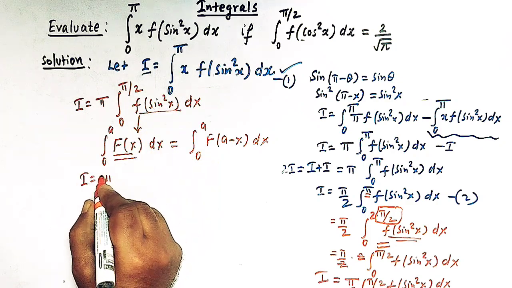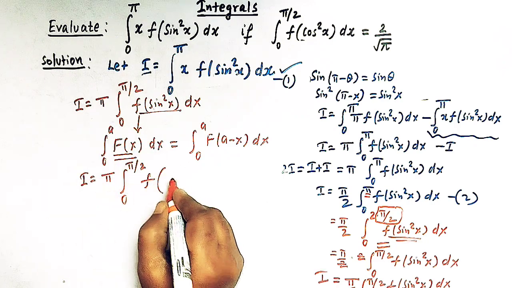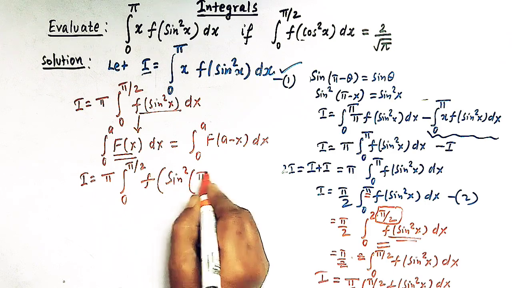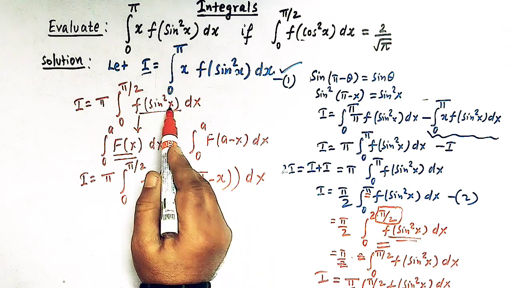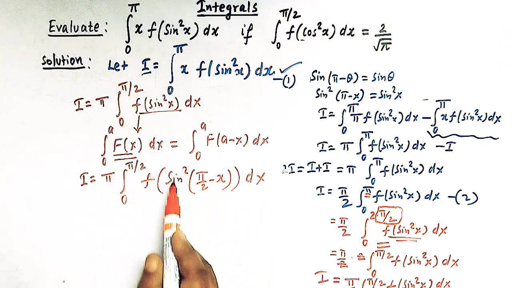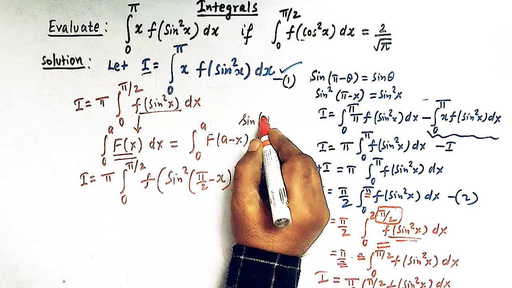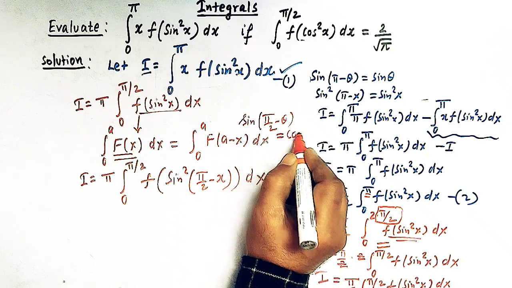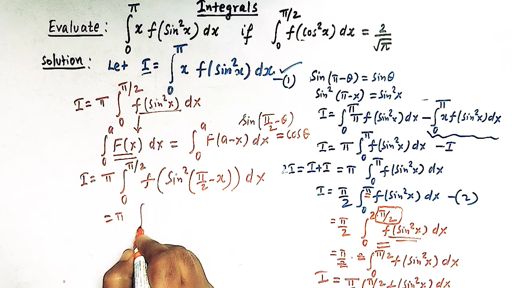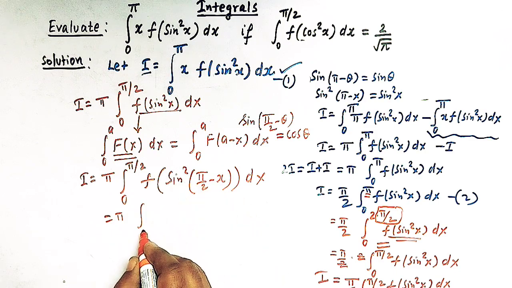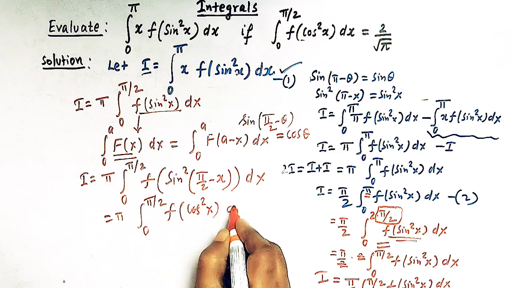So we have I equals pi times the integral from 0 to pi by 2 of f of sine square pi by 2 minus x dx, replacing this x by pi by 2 minus x, right? We know from trigonometry that sine pi by 2 minus theta is equal to cosine theta, right? So here sine square pi by 2 minus x is equal to cos square x, and we have the integral from 0 to pi by 2 of f of cos square x dx.